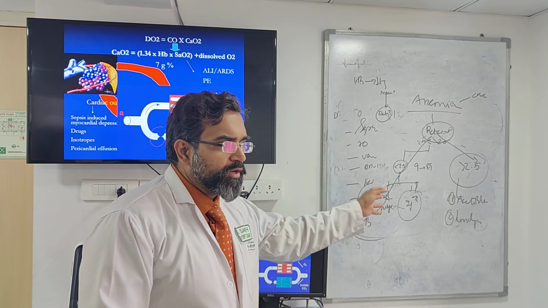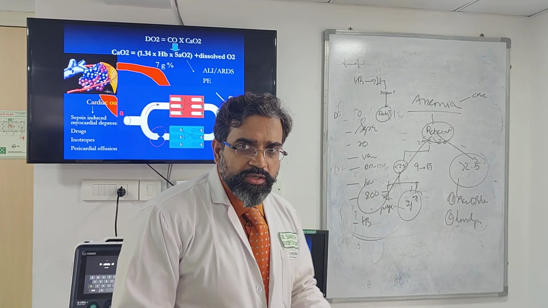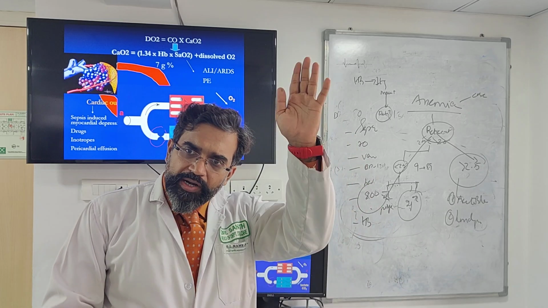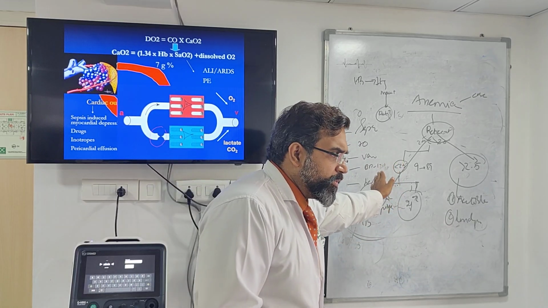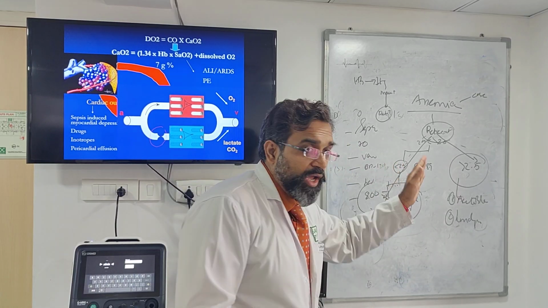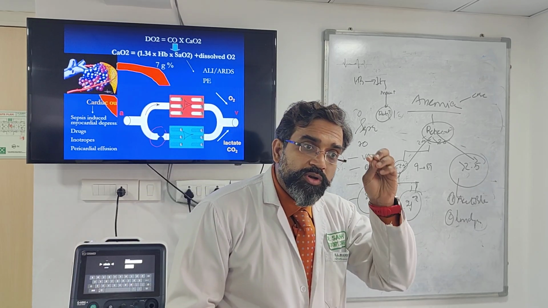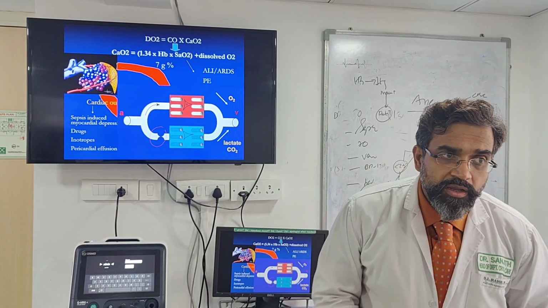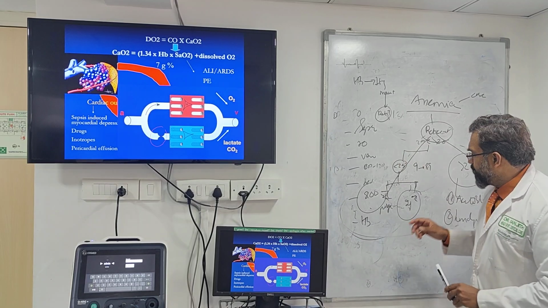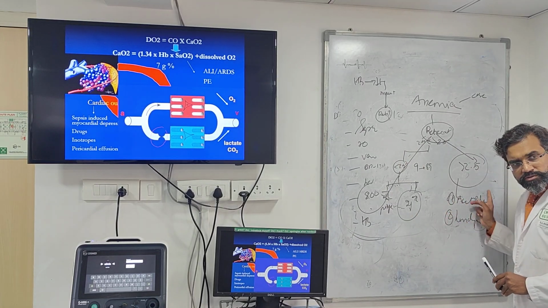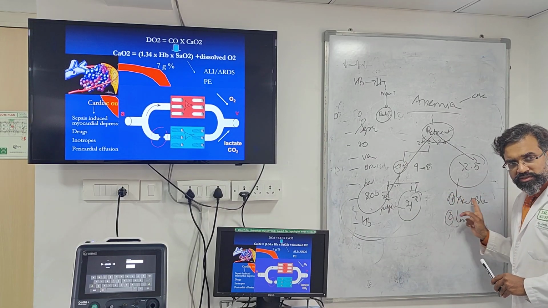We have only this part of the story. For ward admission, you have a whole lot of things to be done. But for ICU admission and a hemoglobin drop, you have only very few things that need to be done. First is acute blood loss, and the second one is hemolysis.